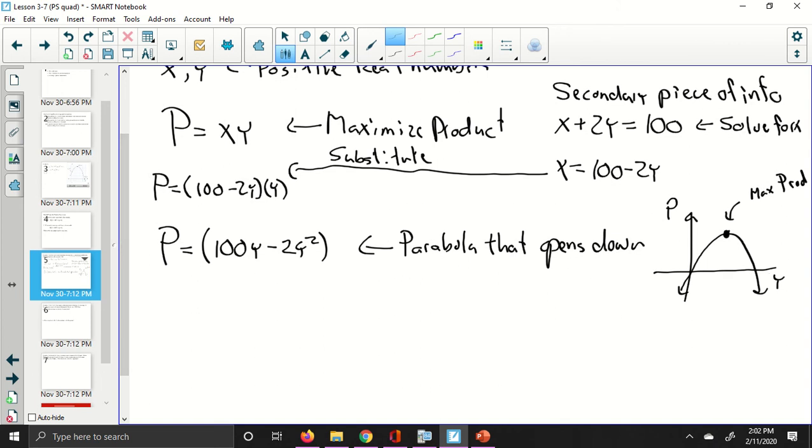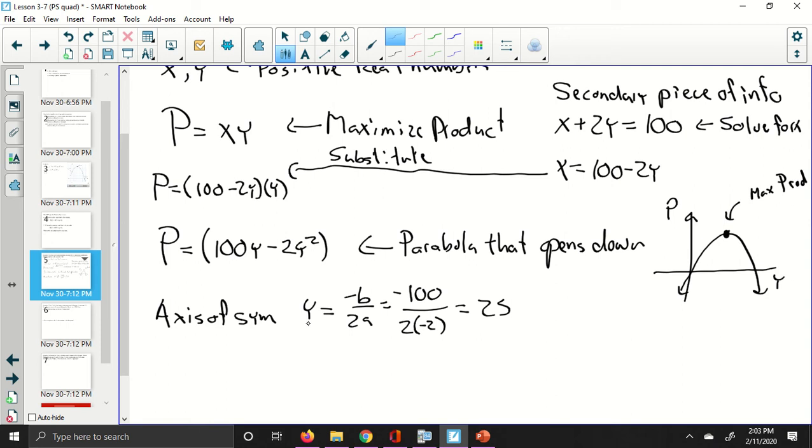Well, you could use your graphing calculator, but we can also say that the axis of symmetry is going to be x, in this case y, equal to negative b over 2a. In this case, b is the coefficient of the linear term, which would be 100. So I've got negative 100 over 2 times a, which is negative 2. So I have negative 100 over negative 4, which would be positive 25.